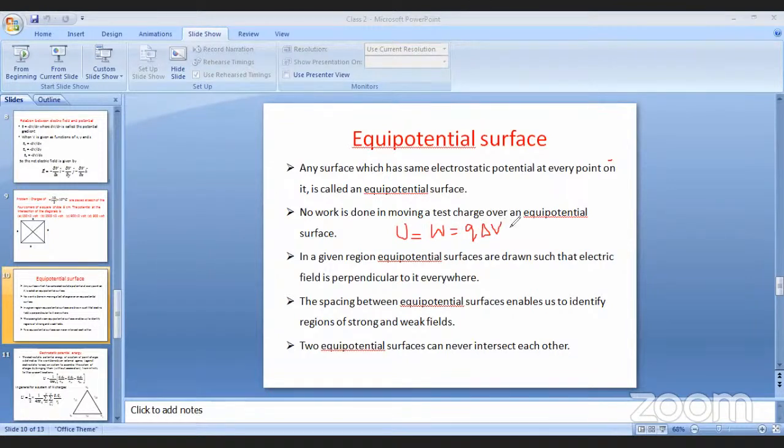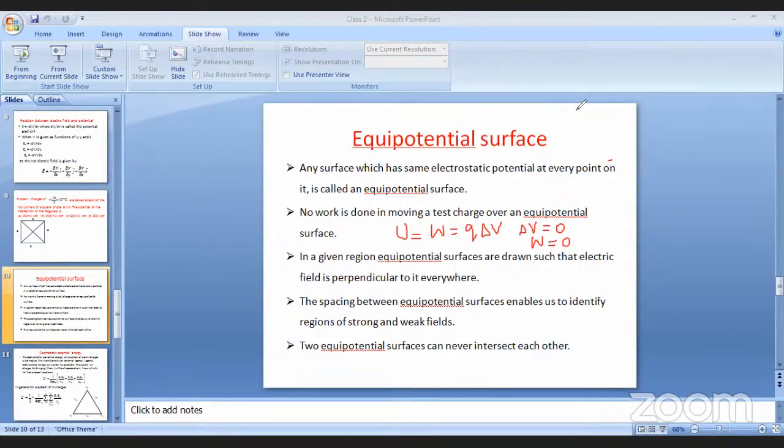So delta V means the change in potential. Since here in an equipotential surface, delta V equal to 0, then the total work done will be 0 into Q, that will be 0. Okay. So the total work done to move a test charge in an equipotential surface is actually 0.